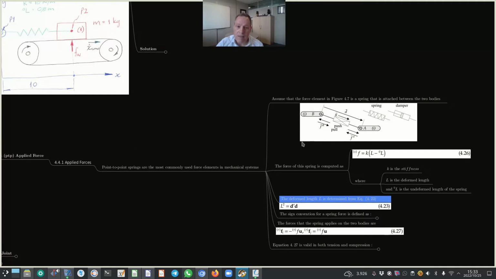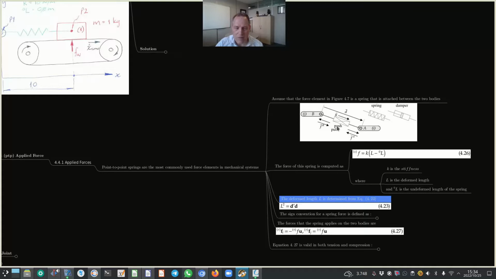Now, if we take the vector loop, we can clearly see that RB plus D will be equal to the vector RA. Okay, so if we now isolate D on the left hand side of the equals sign in our imaginary equation, we can say that vector D will be equal to vector RA minus vector RB.